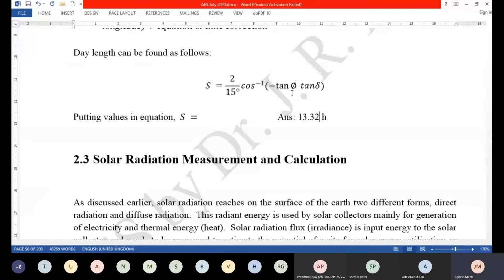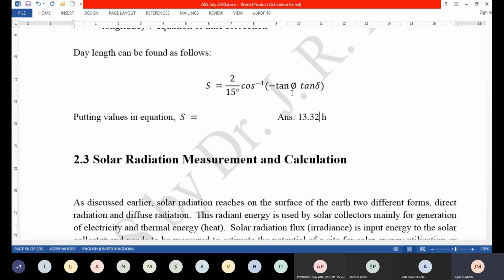So this was some discussion on different angles, and one of the important purposes of knowing the angles was to be able to get the value of cos theta at a particular point of time for a particular solar collector inclined at a particular angle to the horizontal plane at a particular location. So one example was done in that direction, and the second example, the day length calculation, was done.